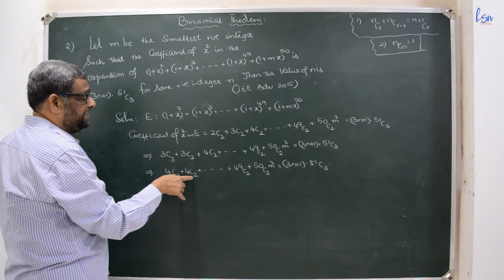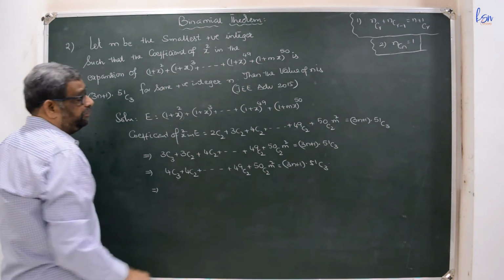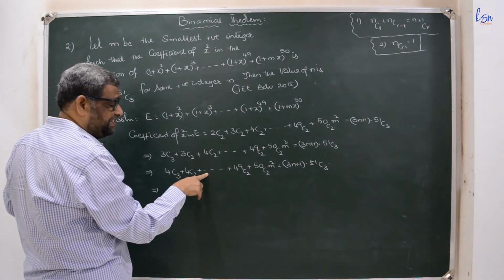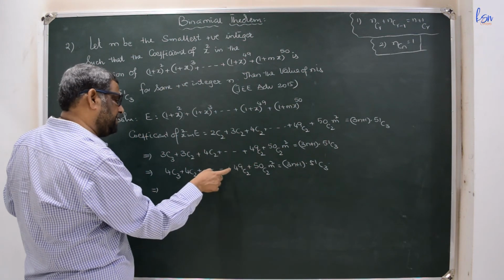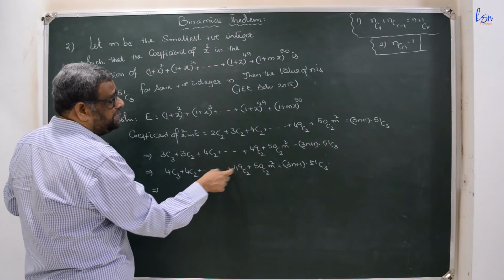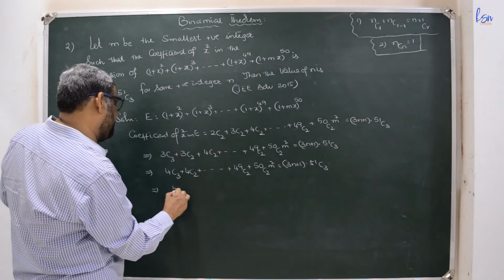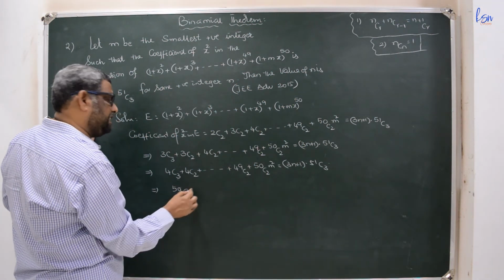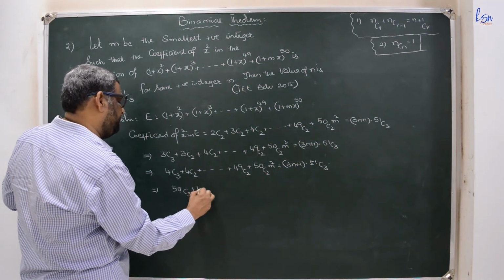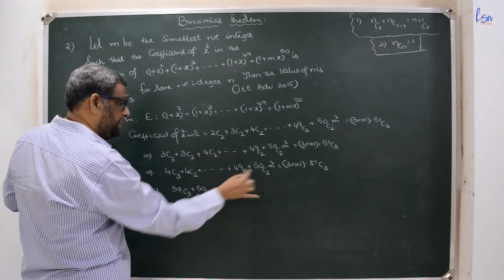Same formula, 4C3 plus 4C2 is 5C3. Here there will be 5C2, 6C3 like that. This is 49C2. Before that 49C3 will come here. 49C3 plus 49C2 is 50C3. By proceeding like this, you will find 50C3 plus 50C2 m square.